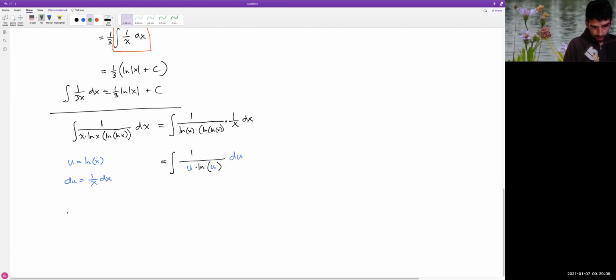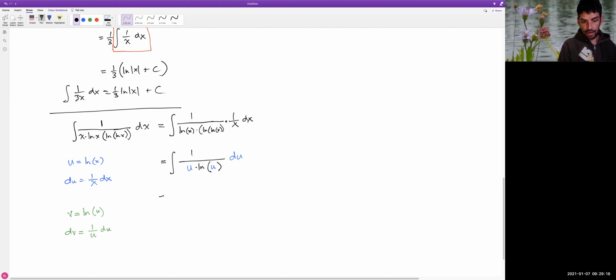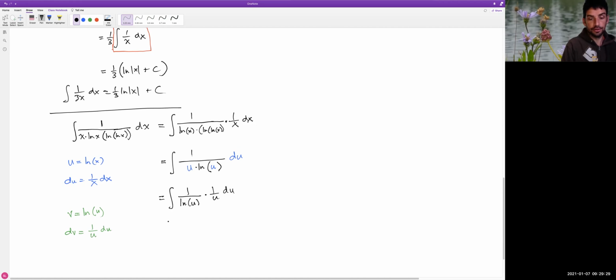So let's now try v is equal to the natural log of u. And then dv is equal to 1 over u du. So let's see what happens with our integral now. Let me rewrite it again as I did a minute ago. I can rewrite this as 1 over the natural log of u times 1 over u du.